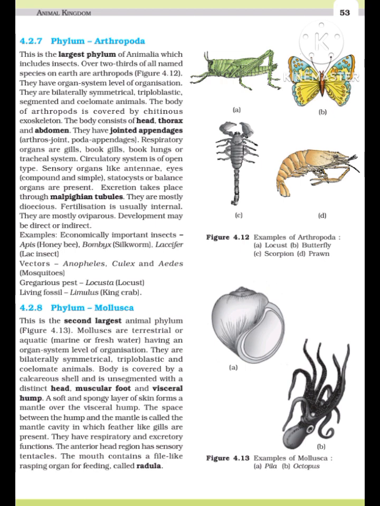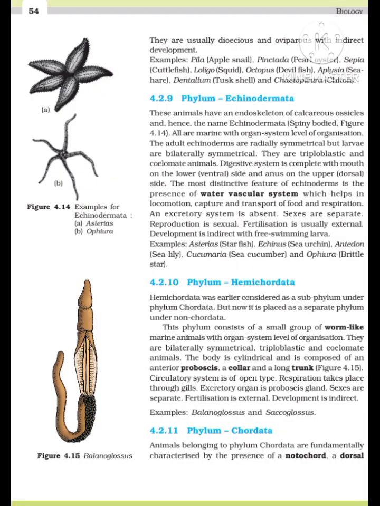They have respiratory and excretory functions. The anterior head region has sensory tentacles. The mouth contains a file-like rasping organ for feeding, called radula. Figure 4.13 Examples of Mollusca. A. Pila. B. Octopus. They are usually dioecious and oviparous with indirect development.